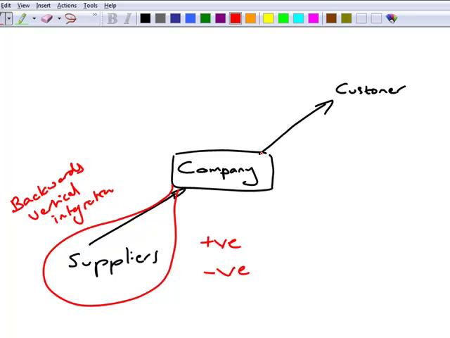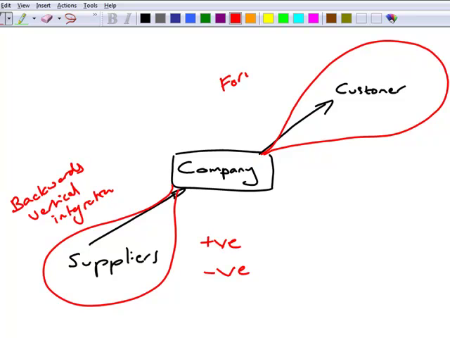Let's now look at what would happen if the company acquired its customer. This is an example of forwards vertical integration, where the company acquires the customer.